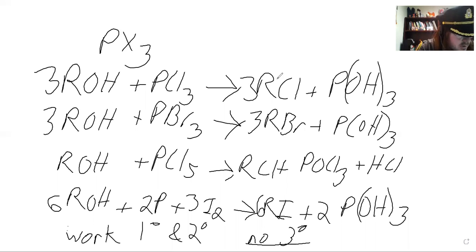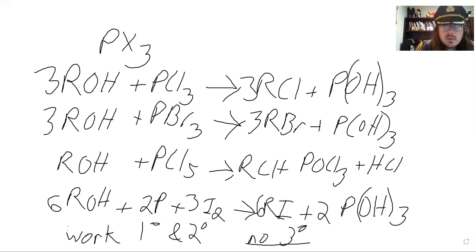This is most often used with PBr3 or with iodine. It's better than HBr because it avoids some of the rearrangement, and the mechanism for PCl3, PBr3, and PI3 are all very similar. They work via SN2 with no carbocation.